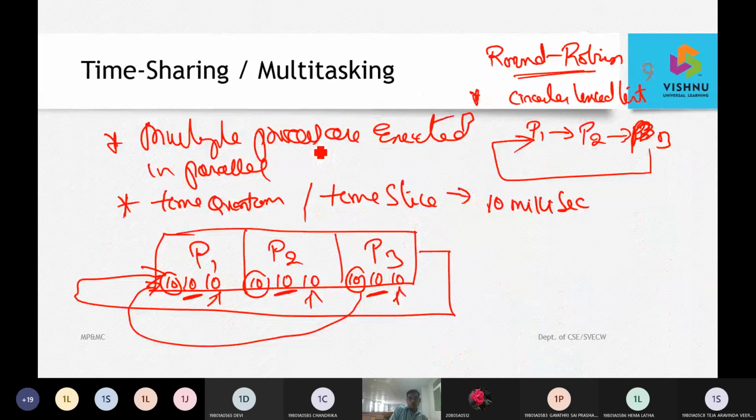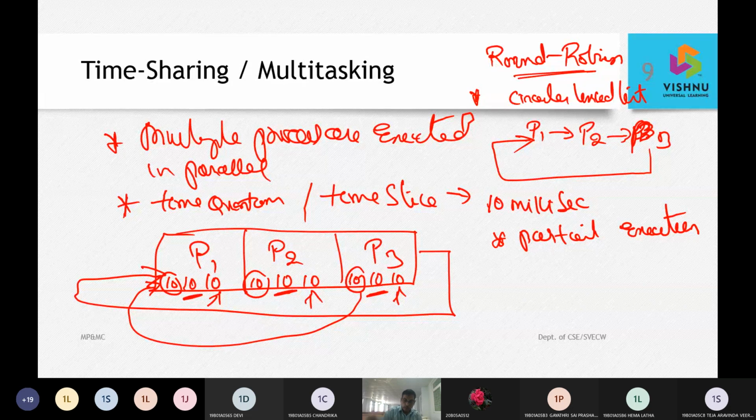But with time sharing, the multitasking operating system, it does only partial execution of the data. First 10 milliseconds it executes job 1, next 10 milliseconds job 2, next 10 milliseconds job 3. In this way it moves from one process to another, and the time sharing operating system has been implemented.